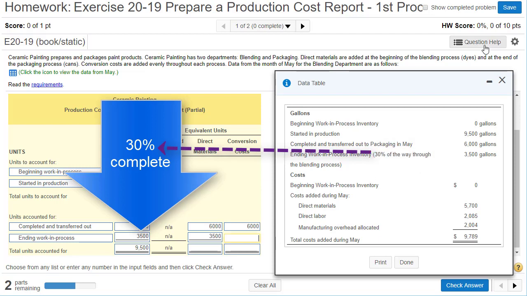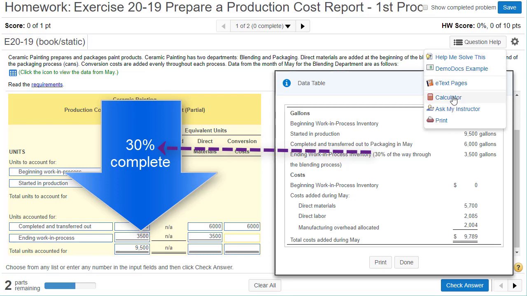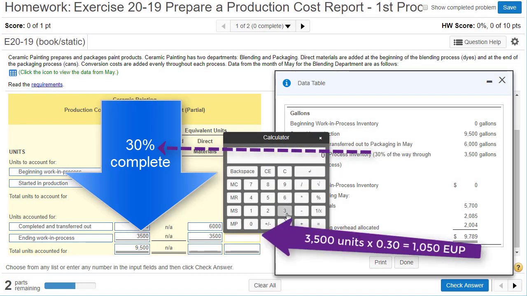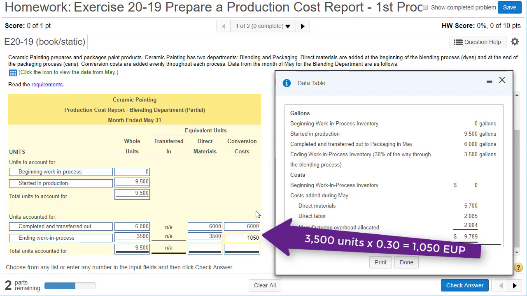So the equivalent number of units is going to be 3,500 units, which we get from here, times this 30%, since they're 30% complete, which is 0.3, gives us 1,050. So this 1,050 means that 3,500 units that are 30% complete is the equivalent of 1,050 units being 100% complete.